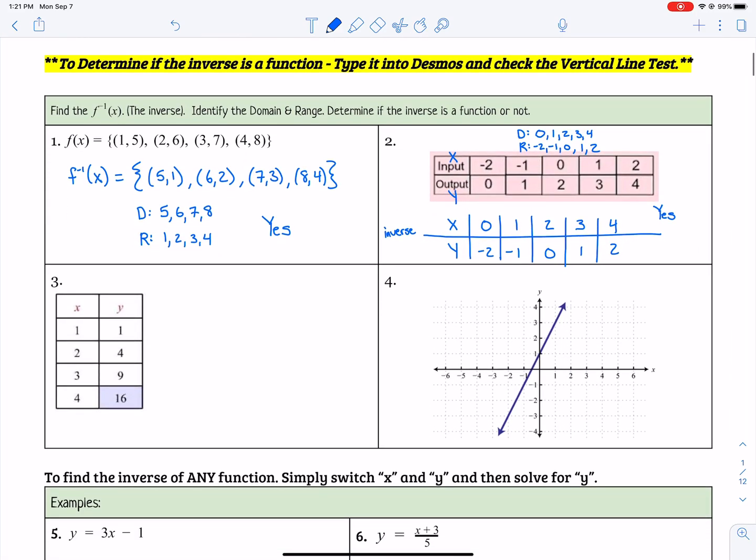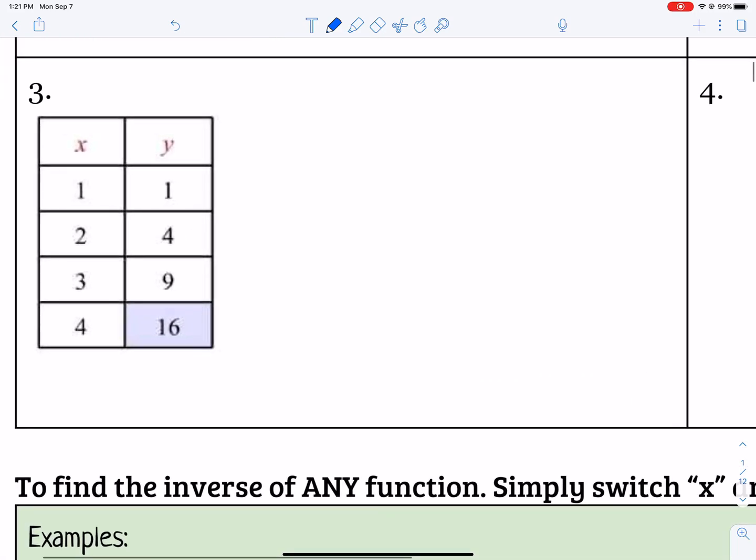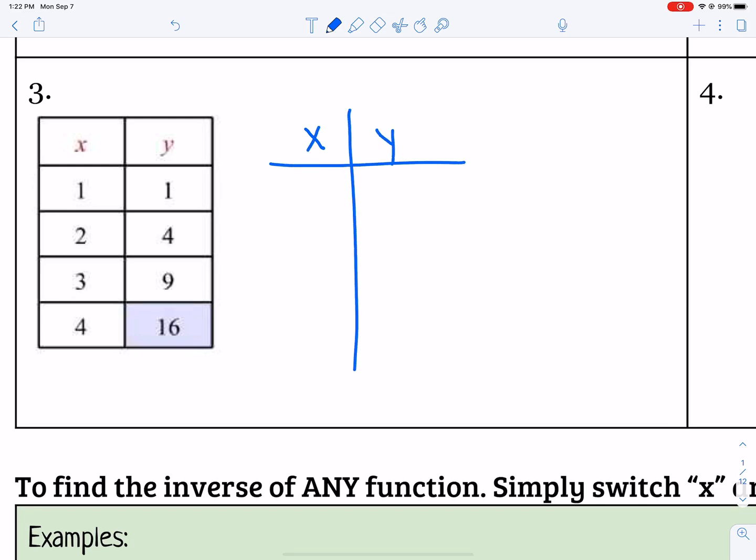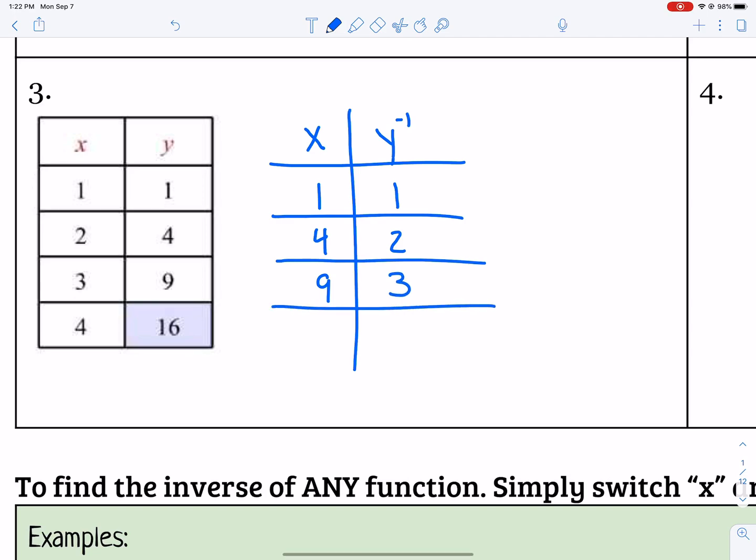All right. So in this next table of values, let's do a very similar thing. Let's just write x and y. We could put a little -1 to indicate this is the inverse, or you could just write the word inverse above the table of values. And let's just switch. So 1 and 1 looks the same, but we're going to have 4 for x and 2 for y in the next row, 9 and 3, and 16 and 4.